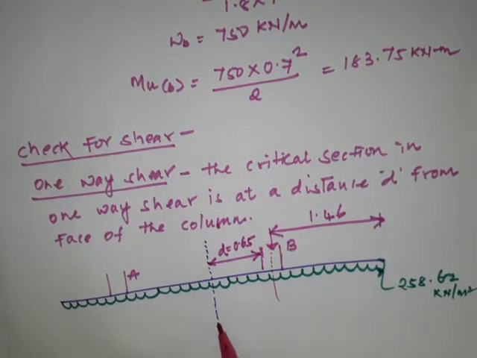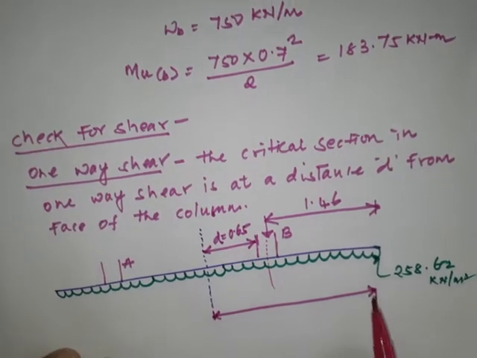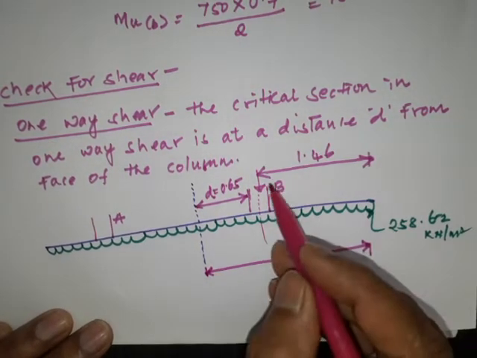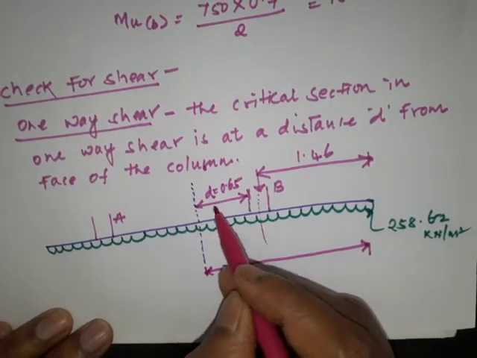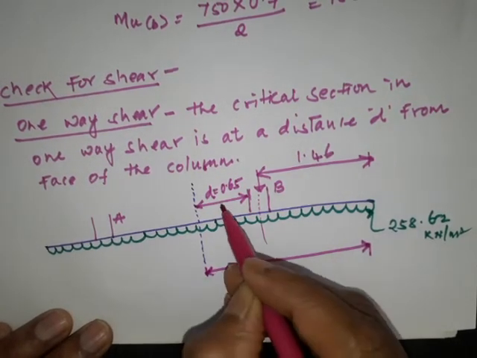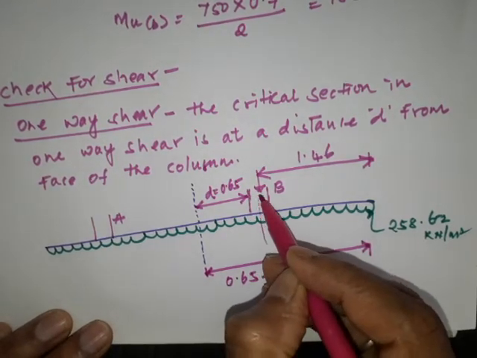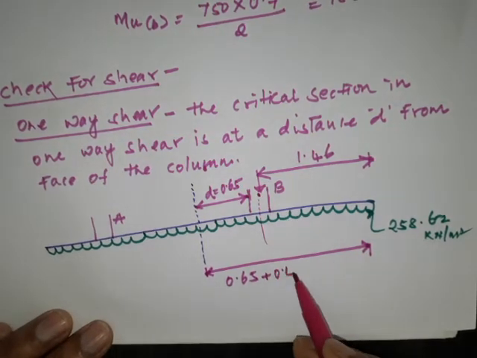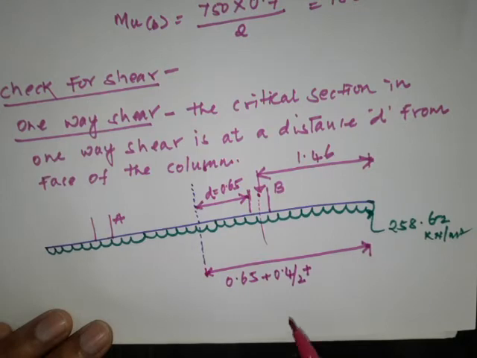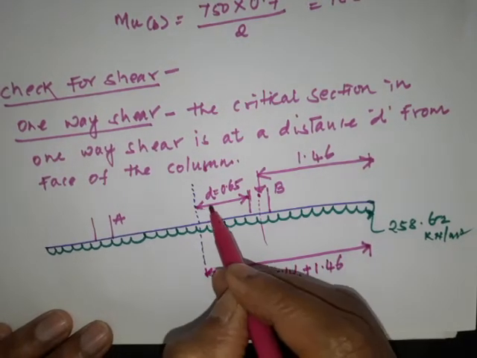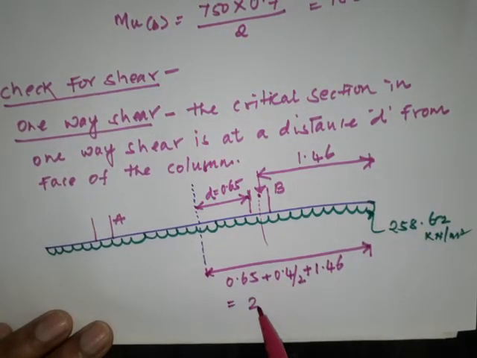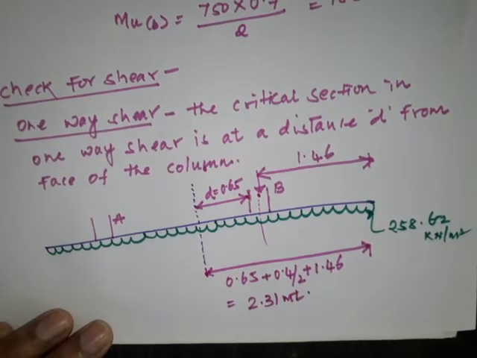So the total distance here: this is 1.46, and from this side 0.65, plus half of the column, because it is from the face of the column, so you have to come to the center, so that is 0.4 by 2, because the size of the column is 400. This plus half of the column plus offset, we'll get 2.31 meter.